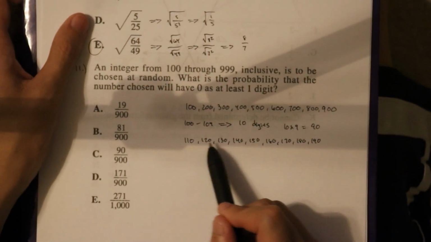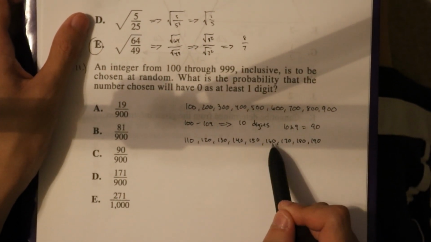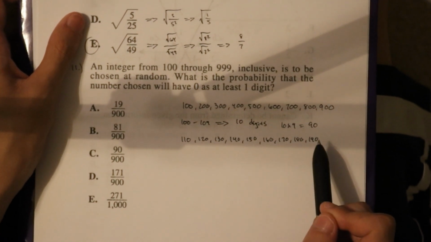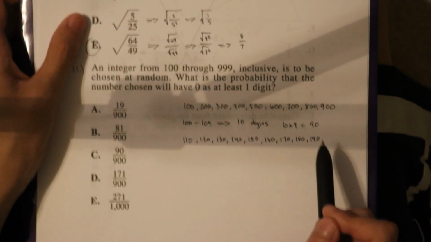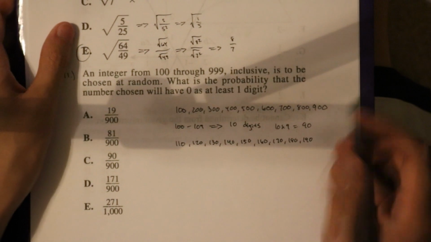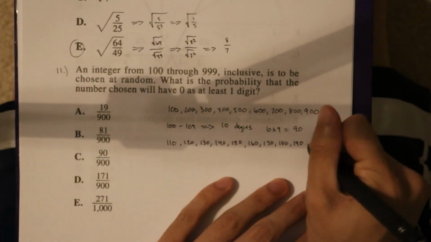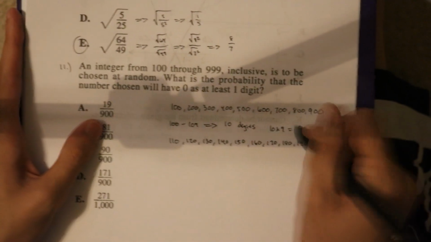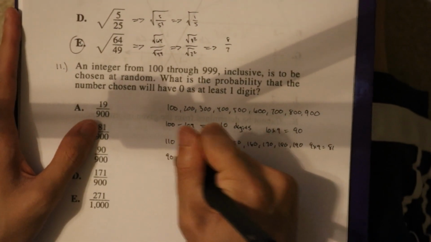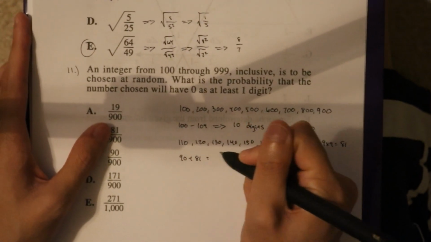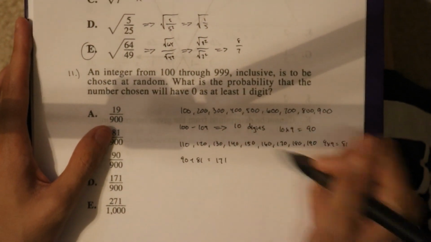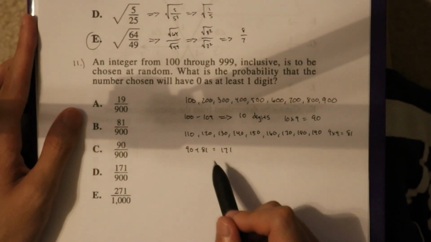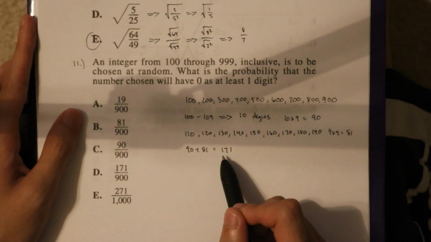So that's 1, 2, 3, 4, 5, 6, 7, 8, 9. 9 of those have the 0 as the ones digit. And we're looking at the hundreds as well, so that means 9 times 9 is equal to 81. So now we add those two terms here: 90 plus 81 equals 171 possible outcomes.